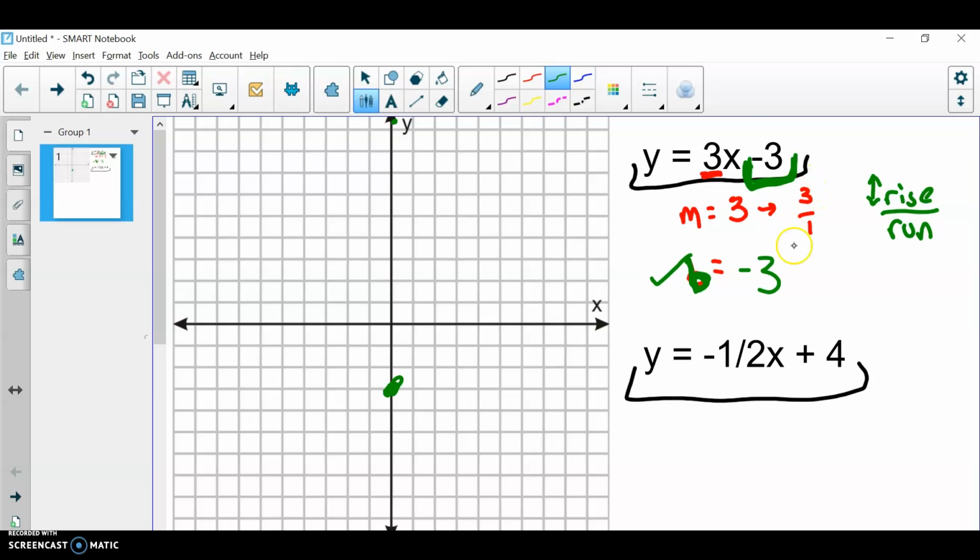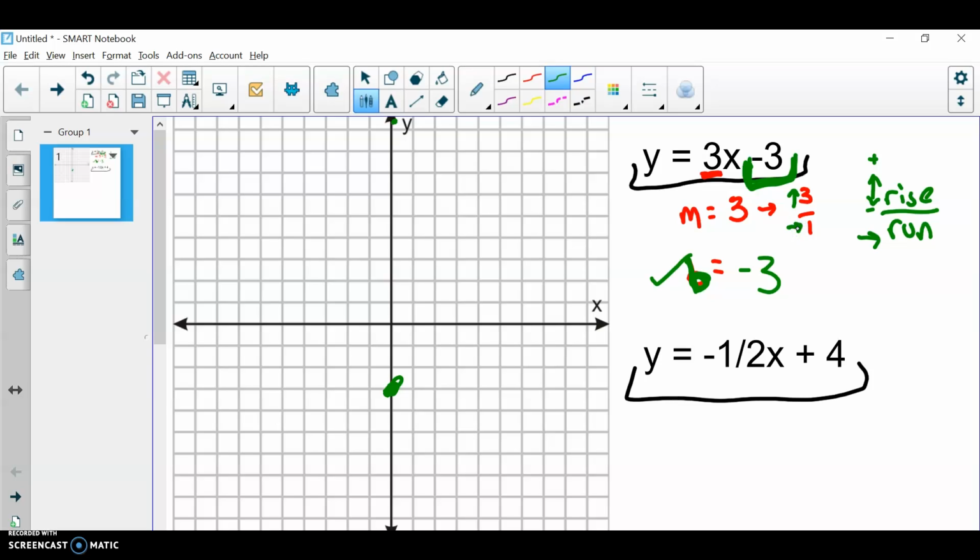If your fraction is positive, you're going to go up. If your fraction is negative, you're going to go down. The bottom number of your fraction is going to tell you how far to the right to go. So this fraction, 3/1, came from the 3 in our equation. This is positive, so it tells us we're going to go up 3 and to the right 1.